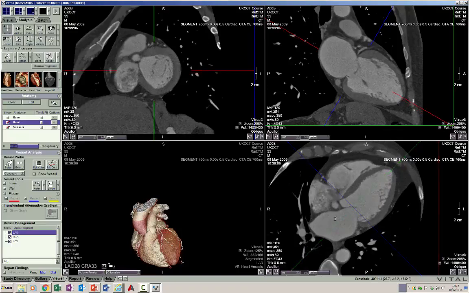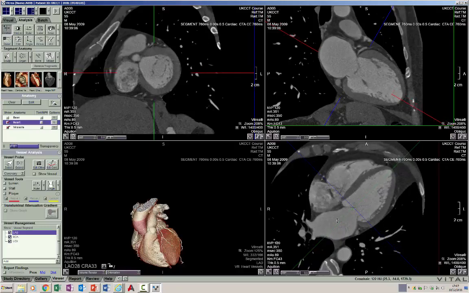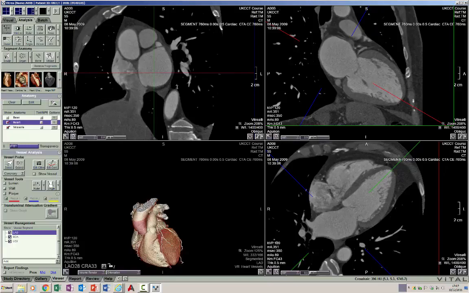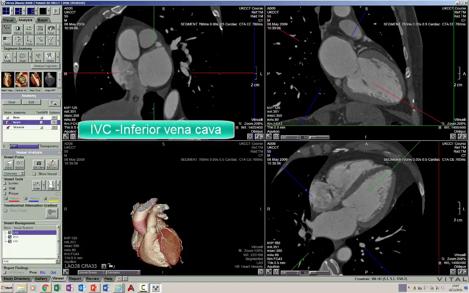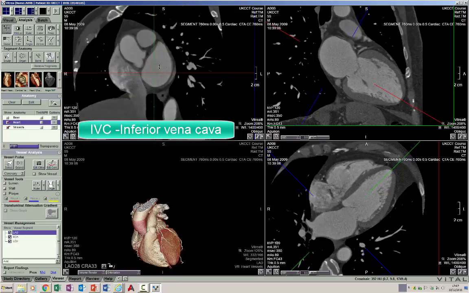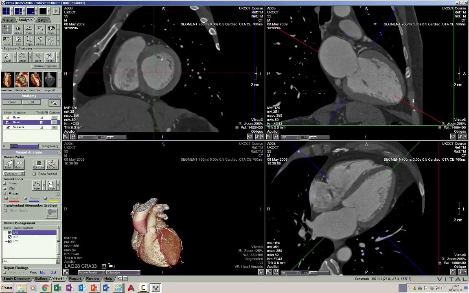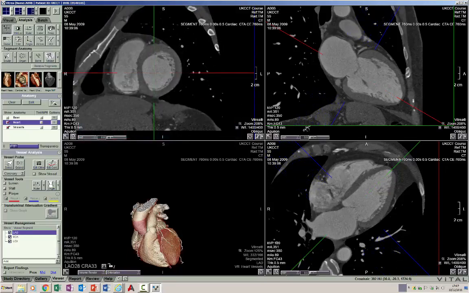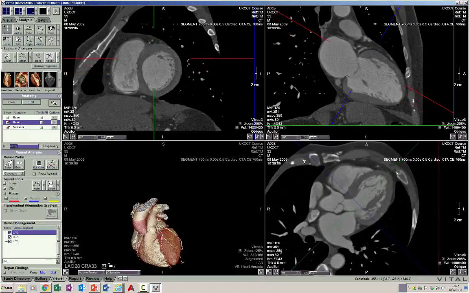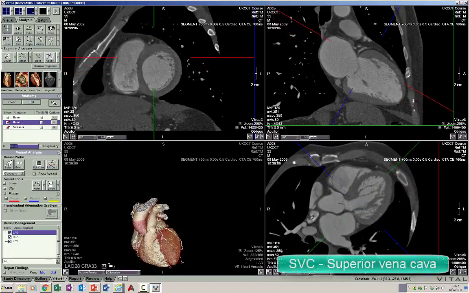Now let's look at the right atrium. So the right atrium, as we know, has the draining veins. Inferiorly we have the IVC. Superiorly, if I place them in the orienter, we will have the SVC.